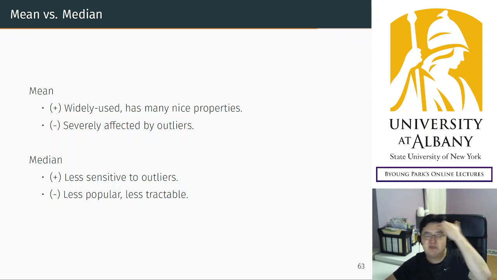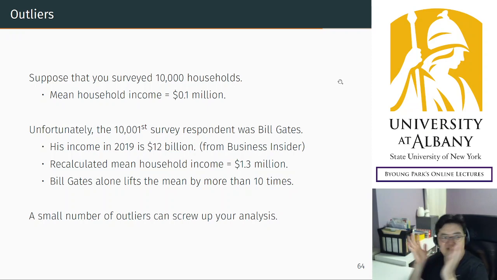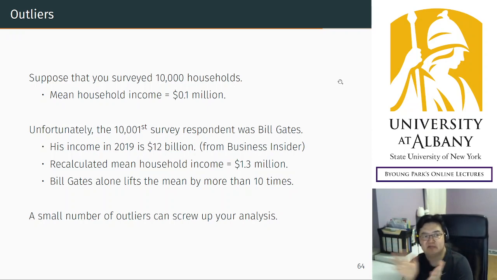Median cannot replace the mean, but median can complement the mean. Okay, and outliers cause problems, and it is particularly common in economic data. That's why economists consider the median more seriously than statisticians.